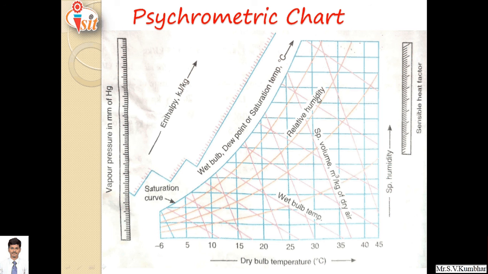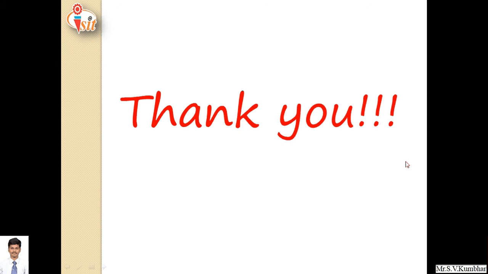Next, relative humidity lines, that is 10%, 20%, 30%, 40% and so on, and the saturation curve represents 100% relative humidity. One more part remains, the sensible heat factor, which is shown at the right side of specific humidity. Thank you very much.